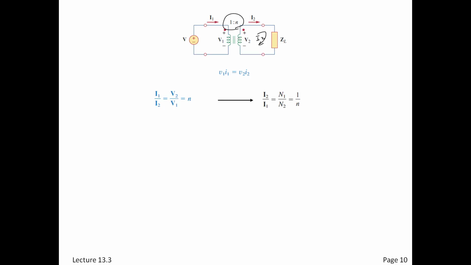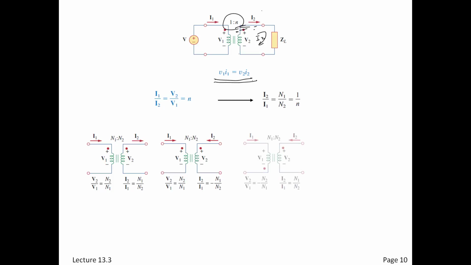Transformers are generally talked about as voltage transformers, step up or step down, and what they mean is the voltage is stepping up or stepping down. So when you're talking about currents, you need to think of it the opposite way. And that's because the power in is equal to the power out. So if I'm stepping up the voltage, I've got to be stepping down the current.